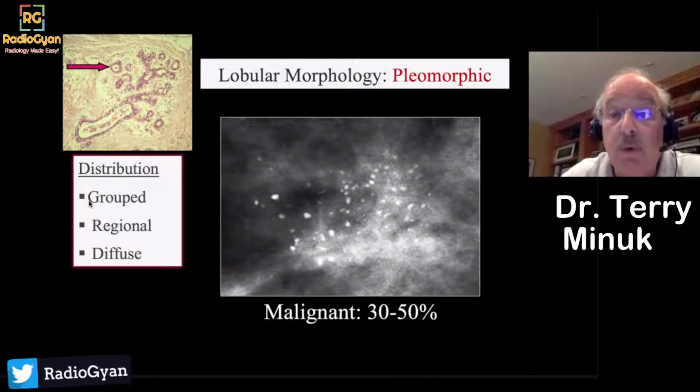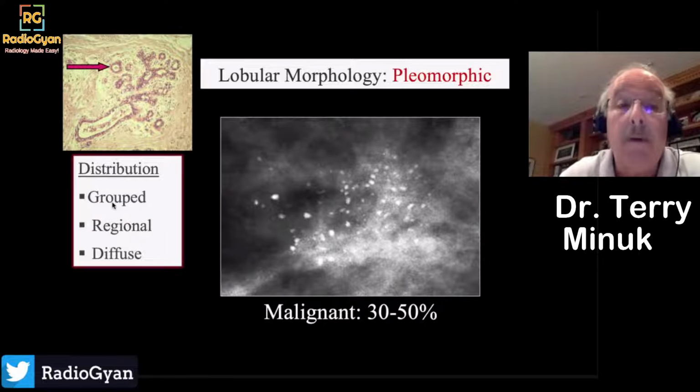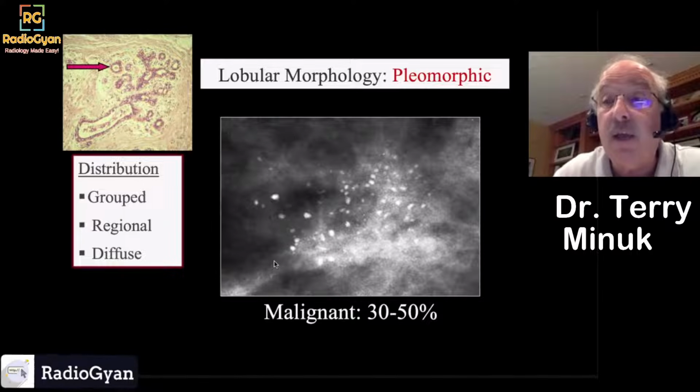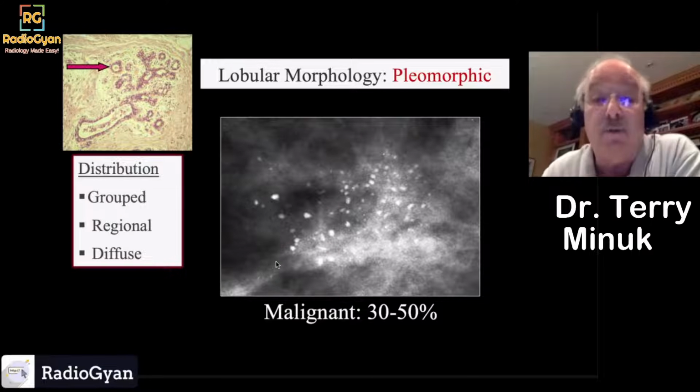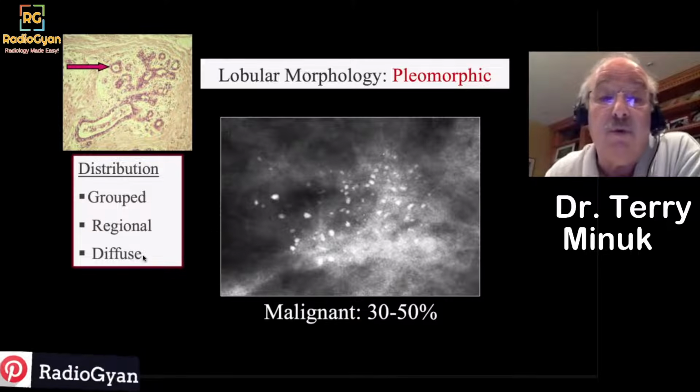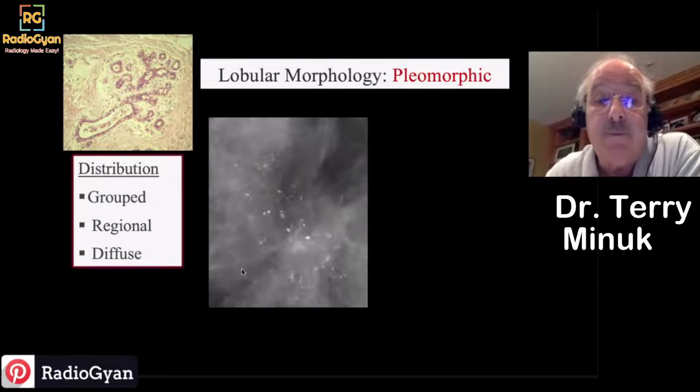So if you get a little group of calcifications all by itself, nothing else, be concerned. Be concerned of cancer. But they could also be fibroadenoma or fibrocystic change or dystrophic calcifications. Regional calcifications are more than 2 centimeter diameter of calcifications, but not in a segment or not in a ductal distribution. So the grouped and regional calcifications have a higher risk of malignancy than the diffuse. The diffuse don't have much of a risk of malignancy.